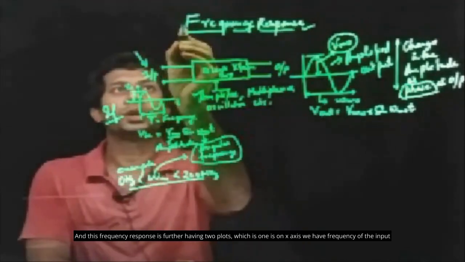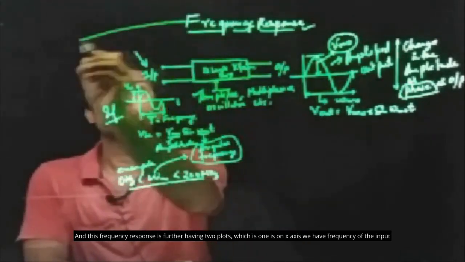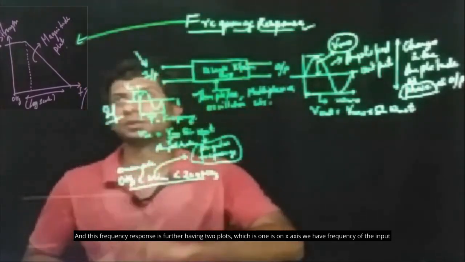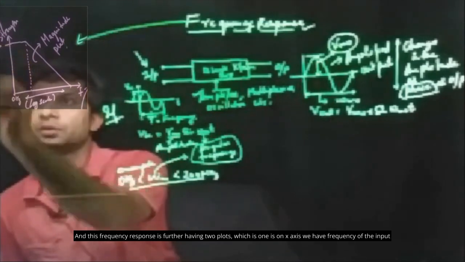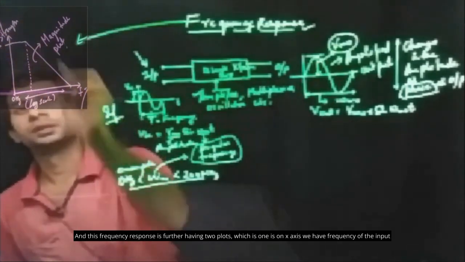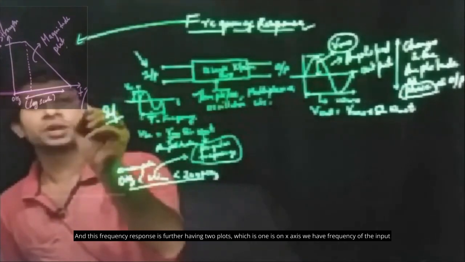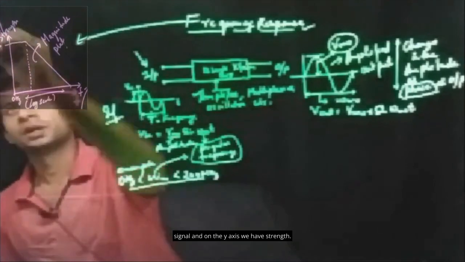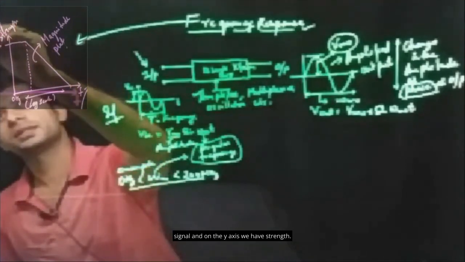And this frequency response further has two plots. One is, on the x-axis we have the frequency of the input signal, and on the y-axis we have strength.